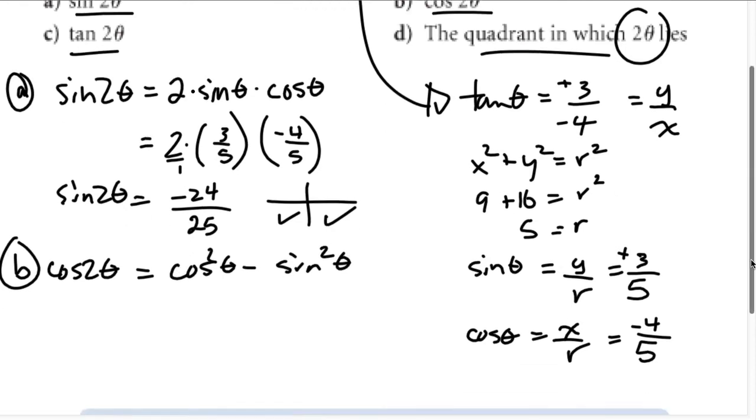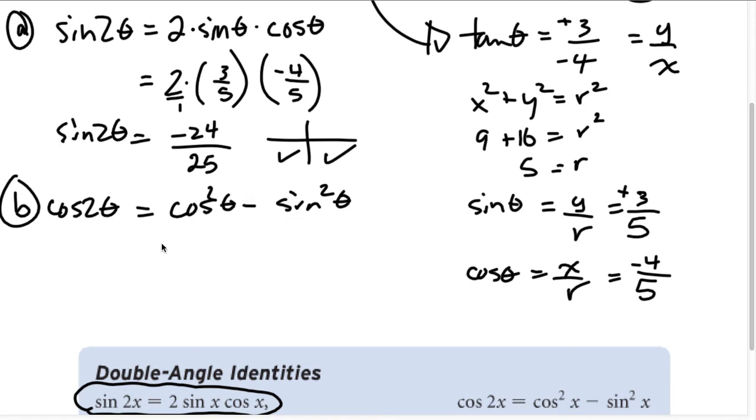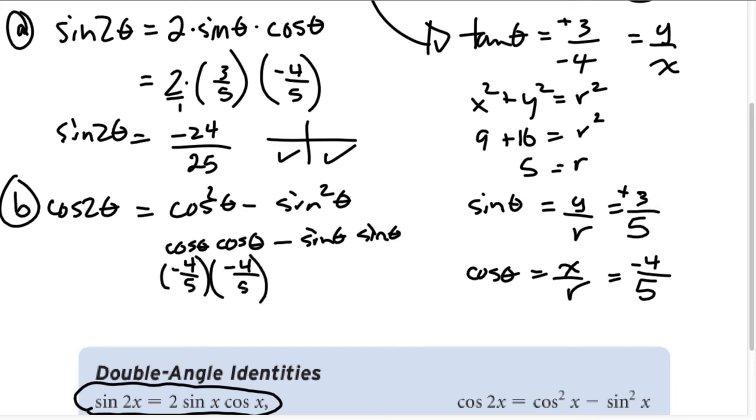Now in class we've talked about this one, that cos squared theta really means cos theta times cos theta, and sine squared is the same thing, sine theta times sine theta. But we just figured those out right over here. So cos theta is negative 4/5, and this cos theta will be another negative 4/5.